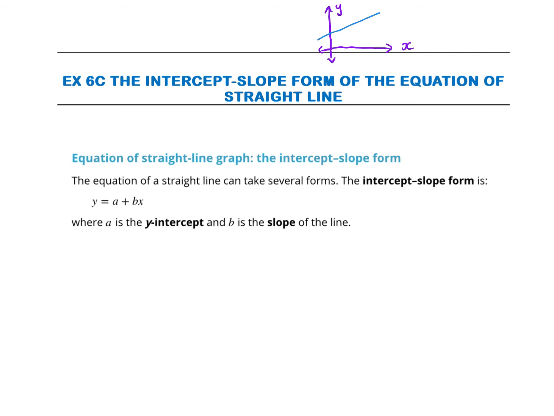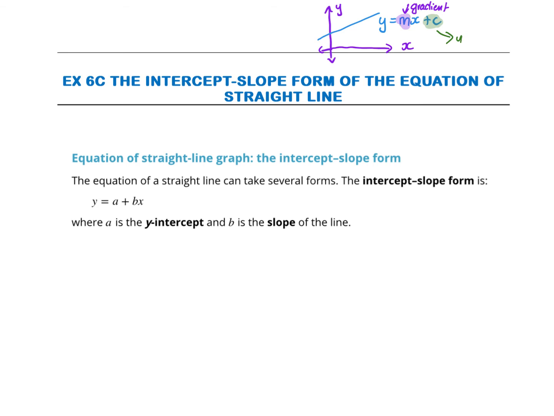A straight line has a basic formula. You're used to seeing it as y equals mx plus c, where we know that the m value was the gradient and the c value was the y-intercept.